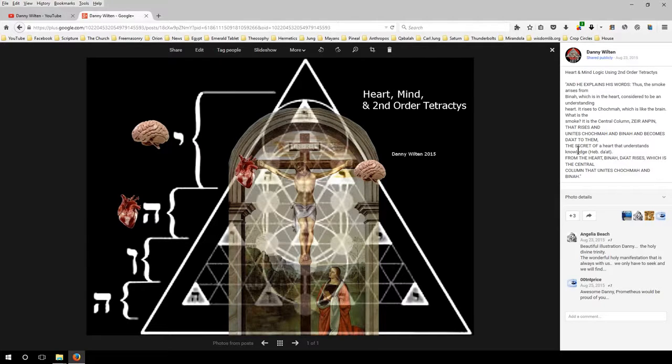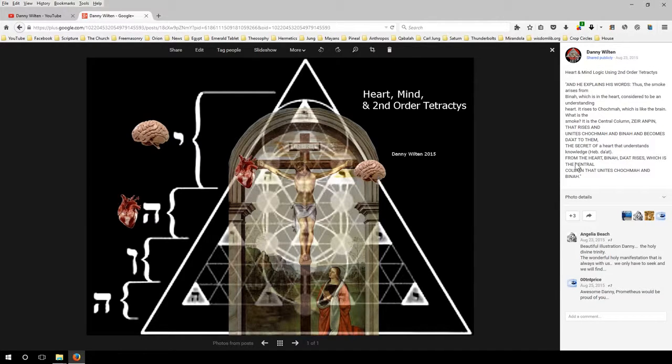words that the smoke arises from Bina, which is in the heart. So this is Bina right here. So it's the heart. Okay. Notice the symbolism is the same right here. Okay. But we're moved up to 2 when we're in the Trinity area. Considered to be an understanding heart, it rises to Chokmah, which is the brain. So we have the left brain, heart, right brain, brain.